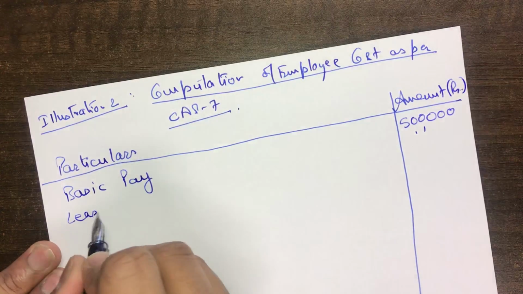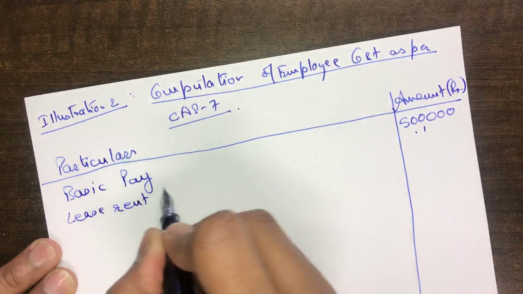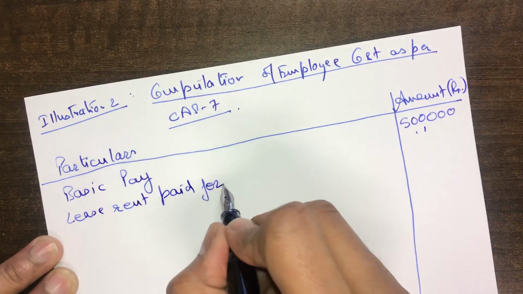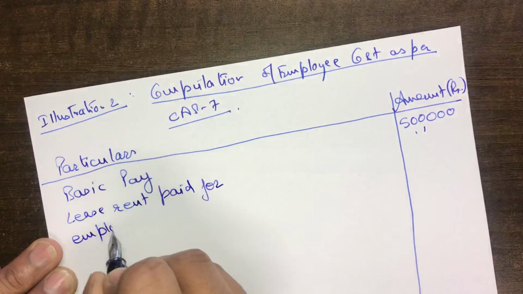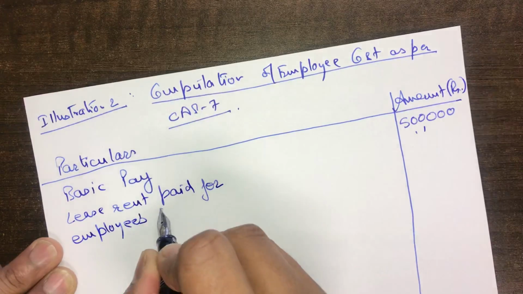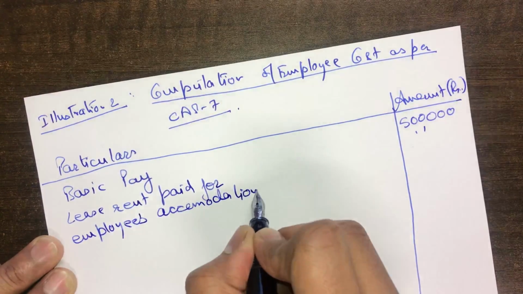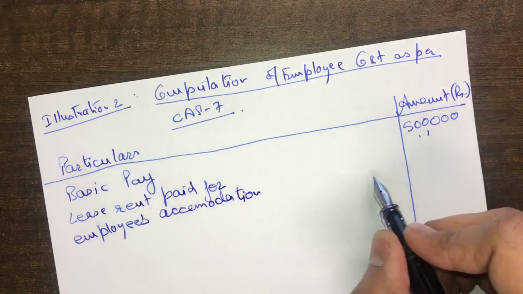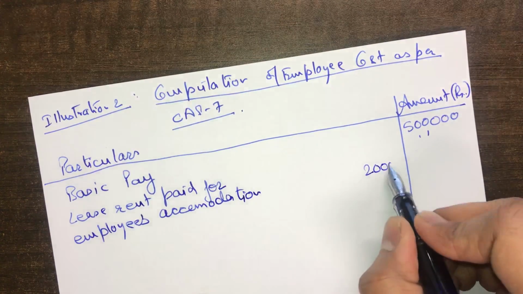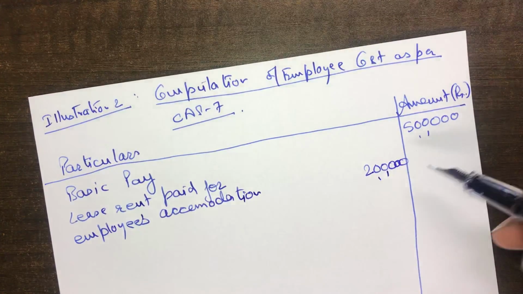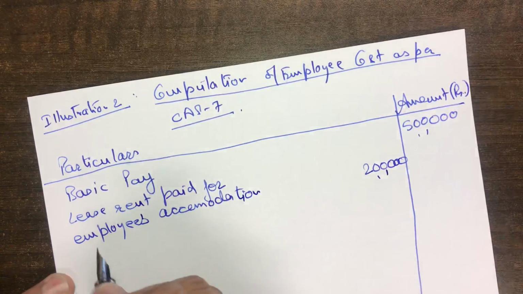Then second is lease rent paid for employees' accommodation. So the employee is staying at a place and the lease rental is paid for that employee. So why have you written this amount in the inner column?